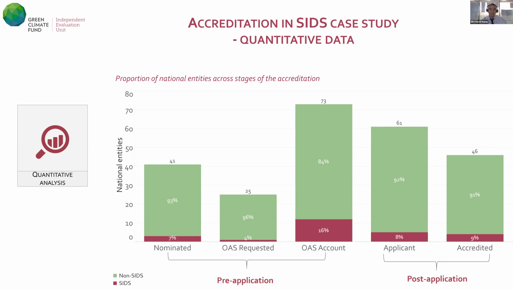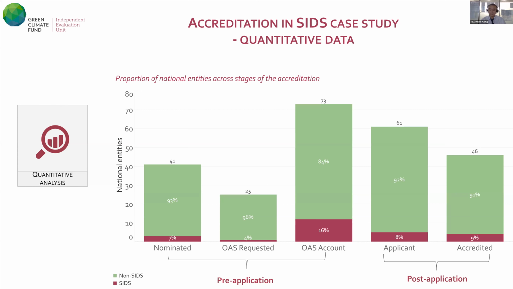So this piece of quantitative analysis was important as it supported the evaluation team's initial theories that national entities in the FIDS were struggling to move through the GCF accreditation process due to the fact it was too technically complex and too time consuming. And a lot of these entities did not have the staff resources to successfully progress through the accreditation process.